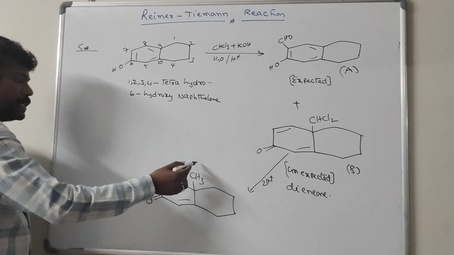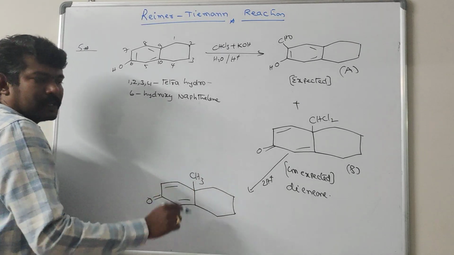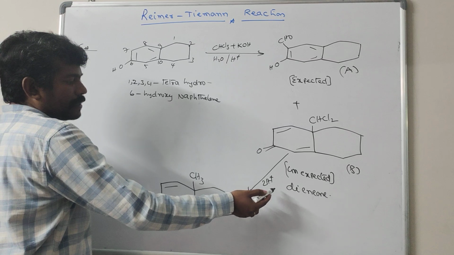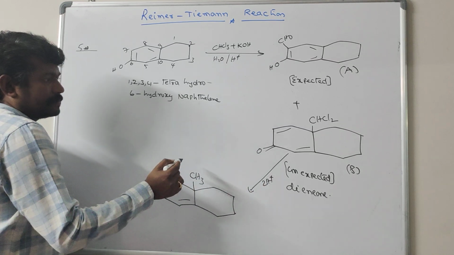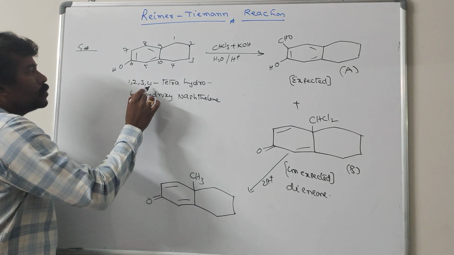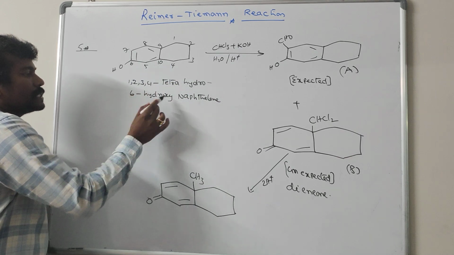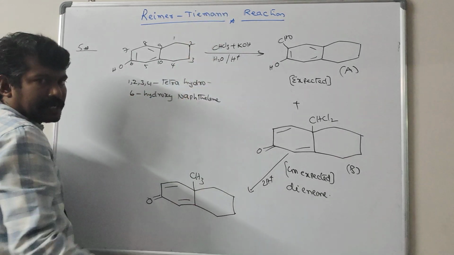The substitution of the CH3 group takes place here, followed by acidification, when 1, 2, 3, 4 tetrahydro 6 hydroxynaphthalene undergoes the Reimer-Tiemann reaction.